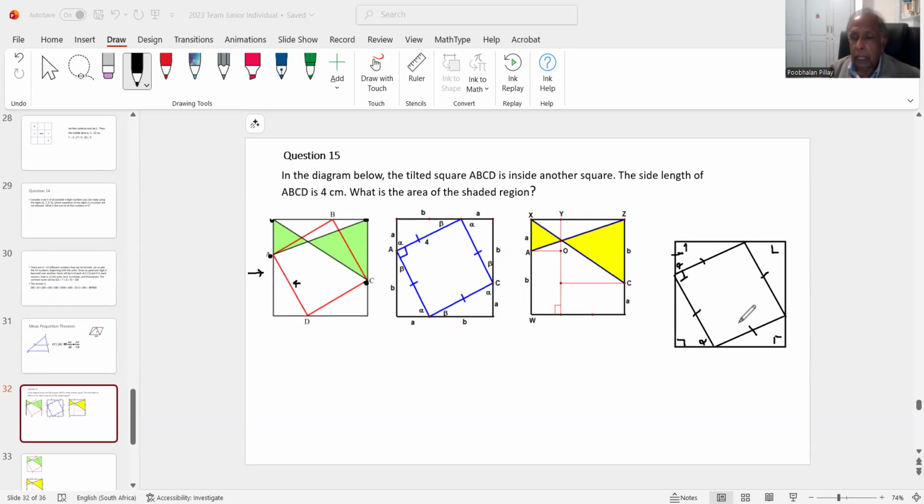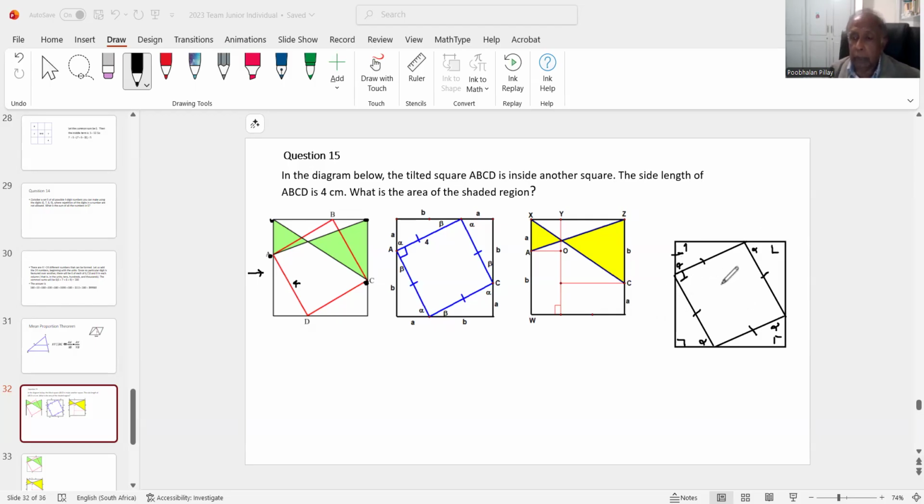In fact, exactly the same argument means that all these triangles are congruent. This angle alpha will be equal to this one, and this angle here will be that one. So all those triangles have got the same two angles and the hypotenuse.